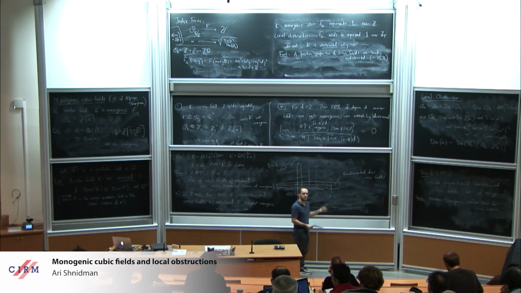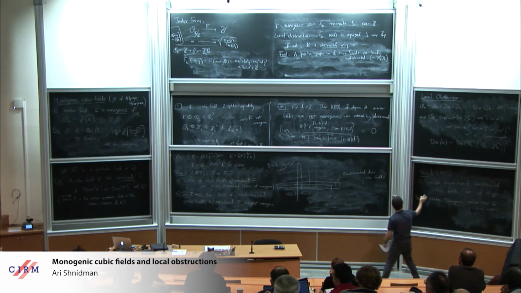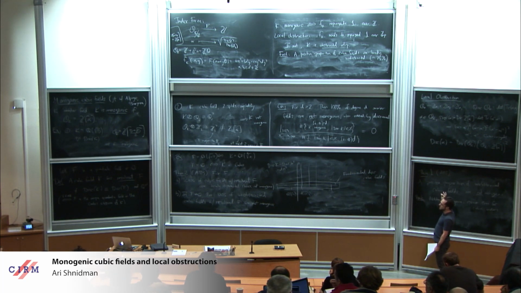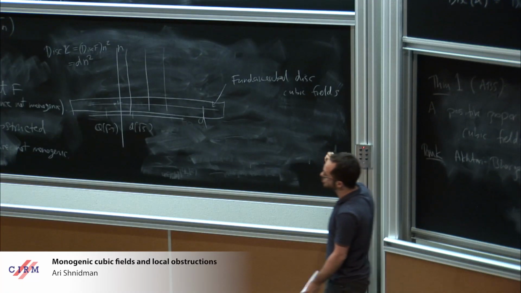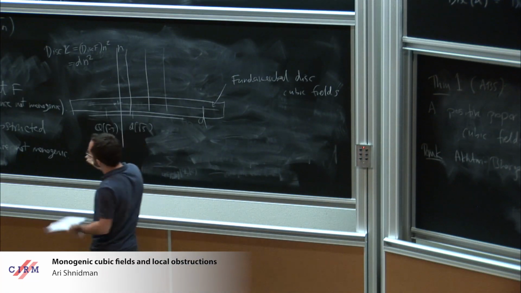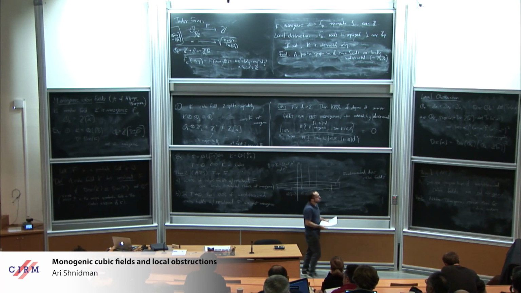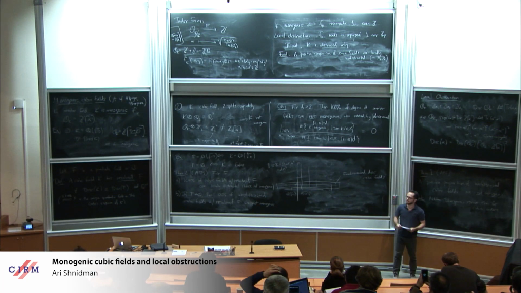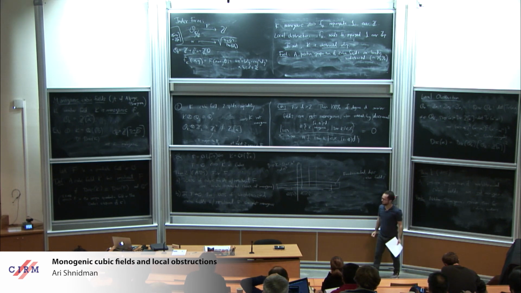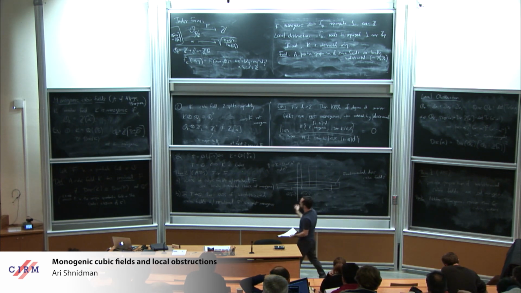It's also not telling you anything about these fundamental cubic fields. And so our theorem one, the strategy of the theorem, it uses squares in the discriminant to get going, and so it actually says nothing about these fundamental discriminant cubic fields. So there's some relationship between the strategy in that theorem and what's going on in this theorem.